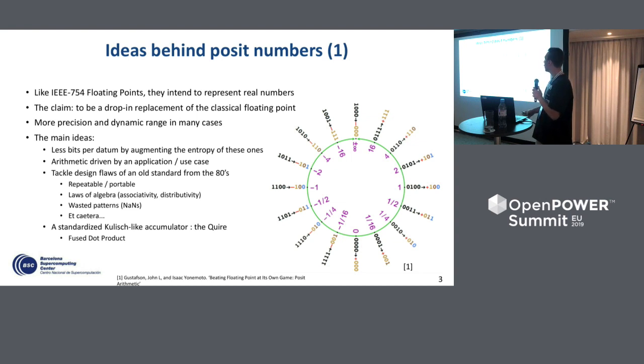On top of that, in the standard, there is a very large accumulator unit called the quire that allows you to perform fused dot products. And it also tries to avoid the design flaws of the floating point number, like 8 million not-a-numbers in the case of single precision.